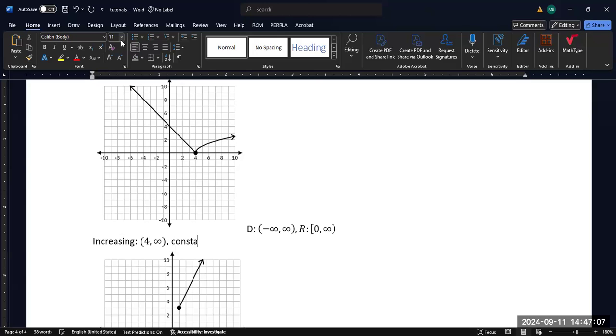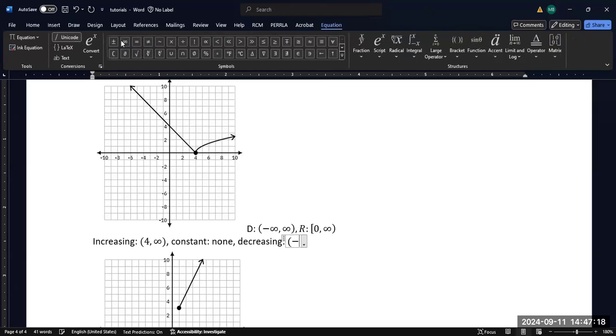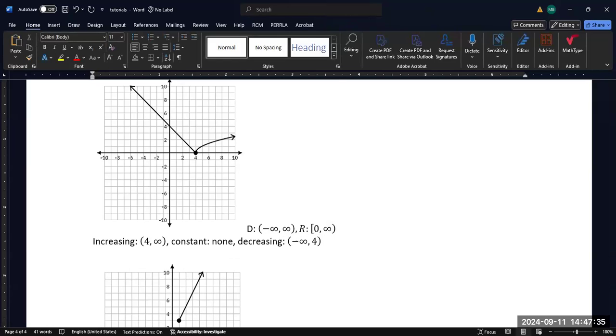Is there any section of the graph that is constant? No, not in this graph. And then decreasing is going to be, in this case, from negative infinity to 4, because that is this section of the graph. Again, as you go positive in x, what is y doing? Y is going down. So that is the decreasing section. Are there any maxima or minima?